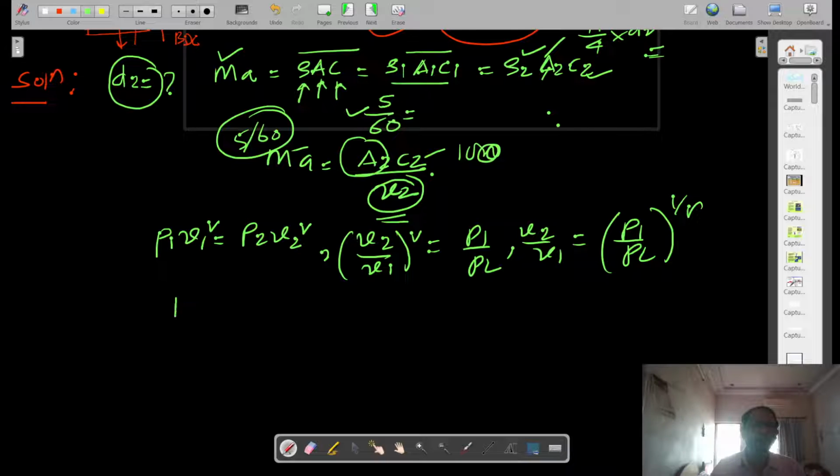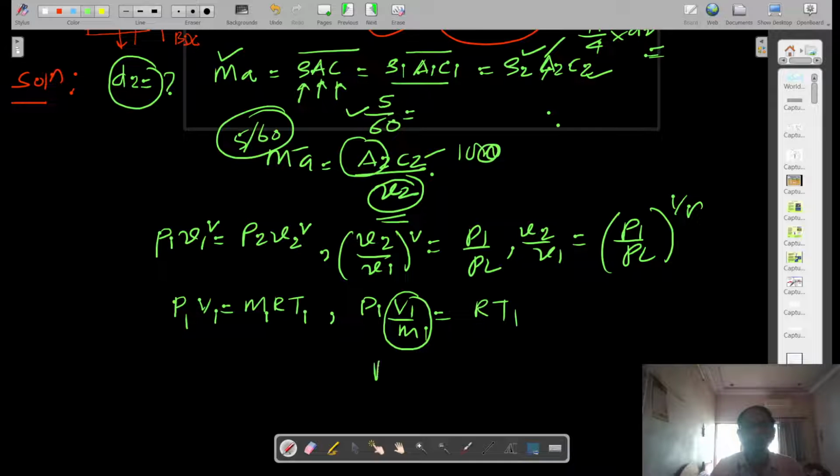Yes, we can find V1 because we know the pressure at inlet and outlet. We know that PV is equal to mRT, so I can write P1 V1 equals m1 R T1. So P1 V1 by m1 is equal to R T1. P1 is already given as 1 bar, so 1 into 10 raised to power 5.